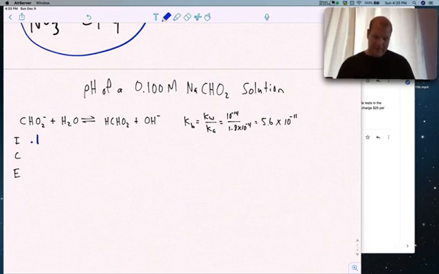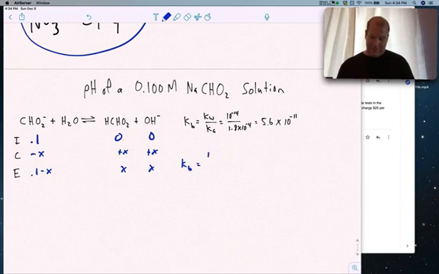We have 0.1 molar, 0, 0, shift right, minus x, plus x, plus x, 0.1 minus x, x, x. And our Kb is formic acid, HCHO2, times hydroxide, all over the formate, CHO2 minus.